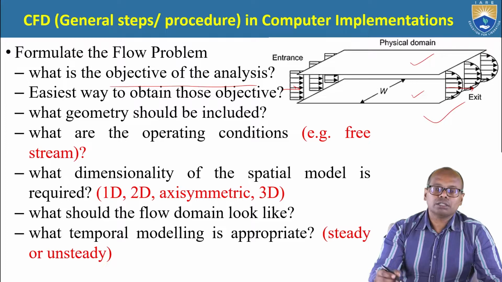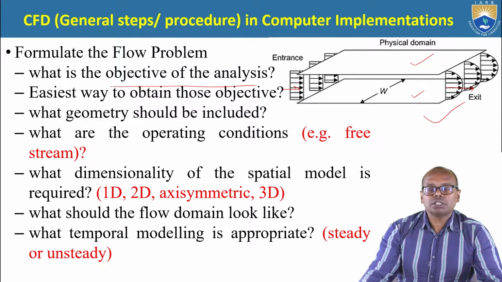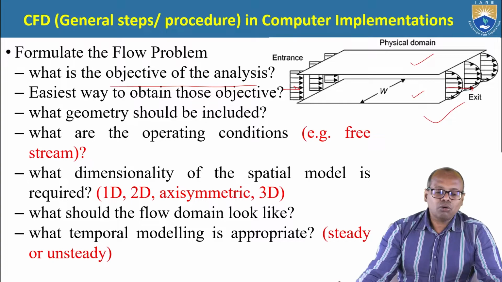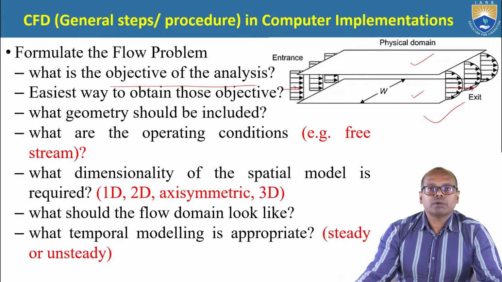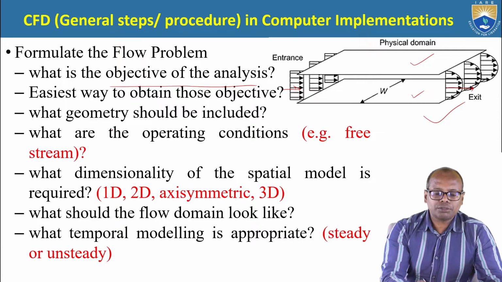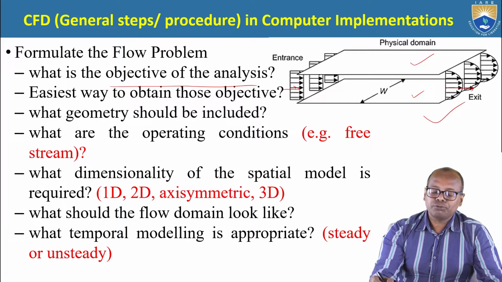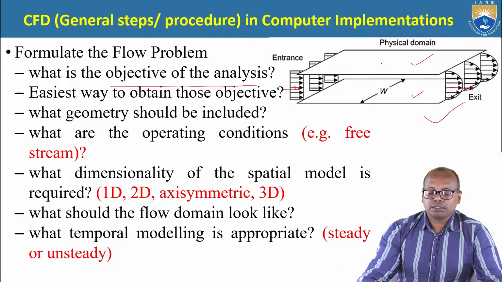Suppose here the objective is to identify, for the given velocity of the flow, how the boundary layer develops between these two parallel plates. That is the objective of my analysis. Now what is the easiest way to achieve my objective? What geometry should be included? In this fluid flow, we are not interested in what is happening to the upper plate and the lower plate.